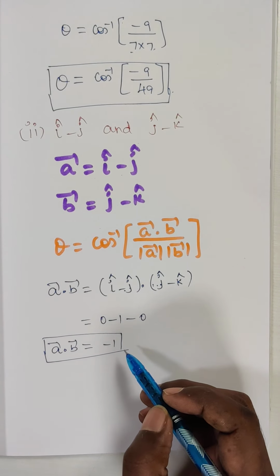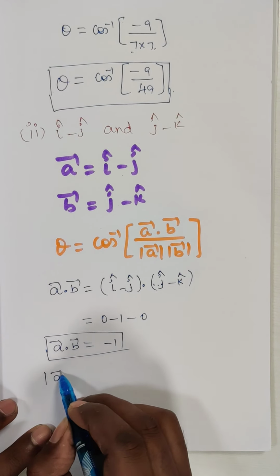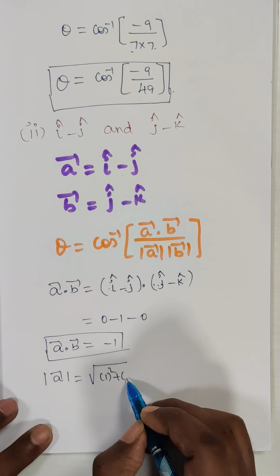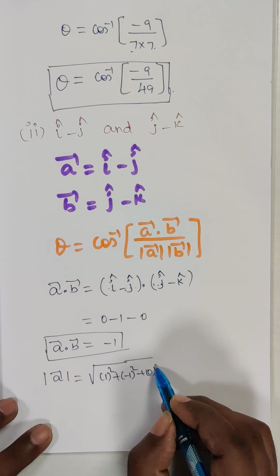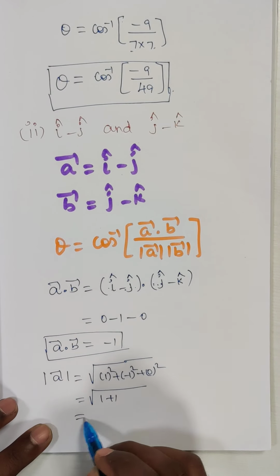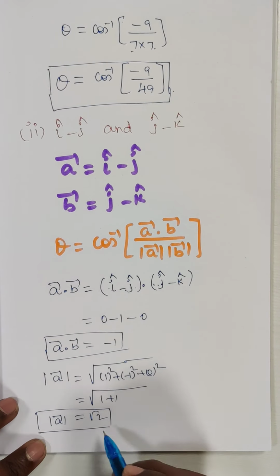Next we have to find modulus of a vector. So modulus of a vector is equal to square root of 1 square plus minus 1 square plus 0 square, that is square root of 1 plus 1, root 2. So modulus of a vector is root 2.